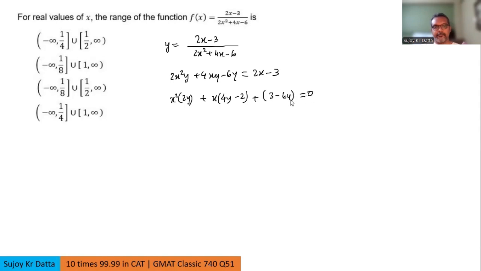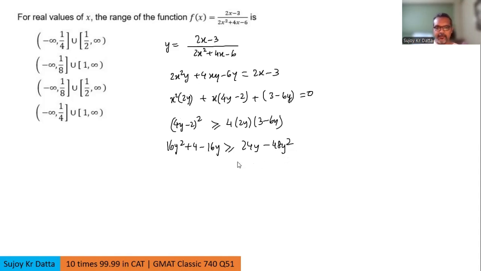Is 0. So obviously x has to be real. Only then we have a valid function, right? So for real x, the condition is b squared is greater than or equal to 4ac. Simplify. 16y squared plus 4 minus 4 times 8 times 16y is greater than or equal to, so this is 8 times 3, 24y, and 8 times 6, 48y squared.